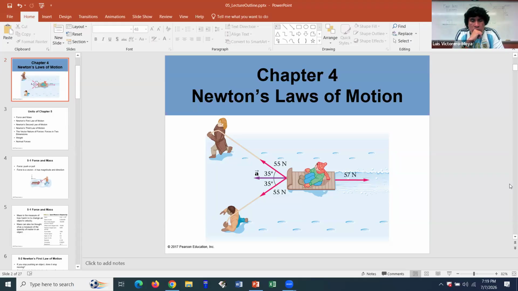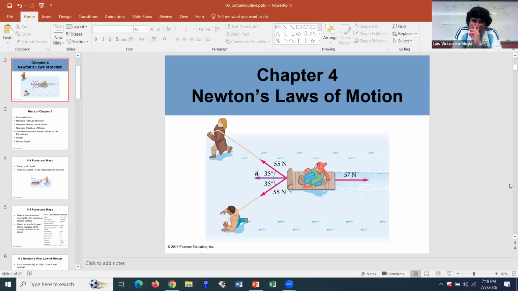So, as you can see already from the picture, we use vectors to illustrate forces. You have a mom and a dad and their child, right? They are both pulling the sled at angles of 35 degrees with respect to the horizontal.